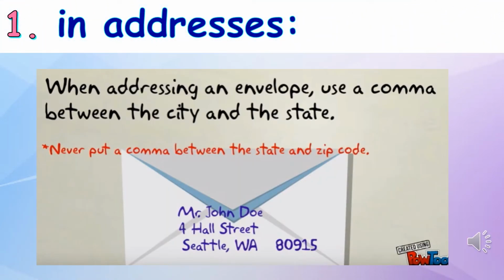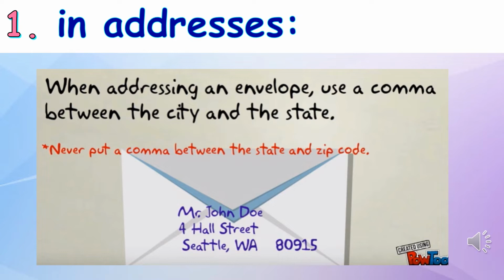When addressing an envelope, each piece of address goes on a different line. For example, Mr. John Doe, 4 Hall Street, Seattle, Washington 80915. Mr. John Doe is the person's name. 4 Hall Street is the street's name.